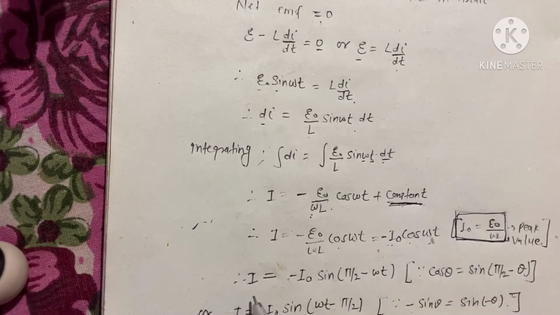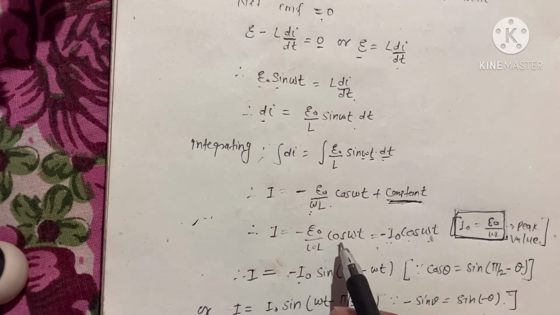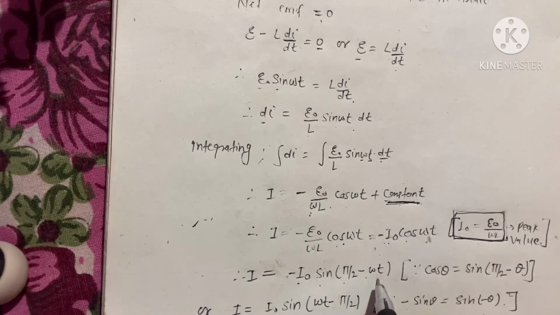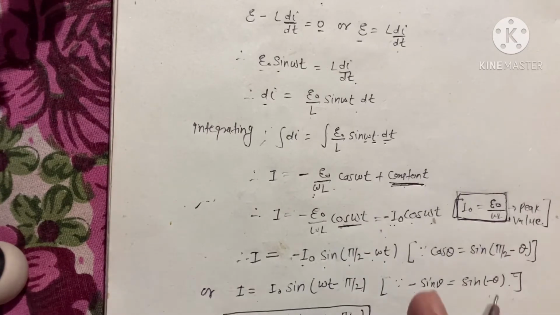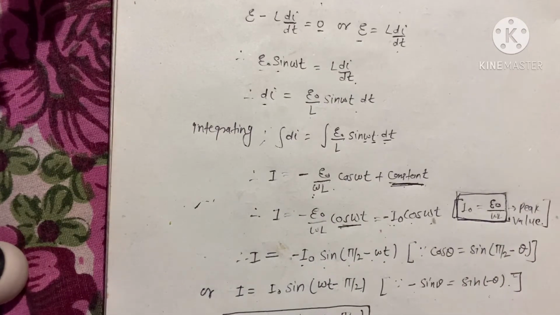Now see, solve this. I is equal to minus I naught cos omega t, and I can write this as sin omega t minus pi by 2. Now you will say, sir, the equation is already there, why solve it further? See, what we are actually trying to do is find the phase relation between current and voltage.